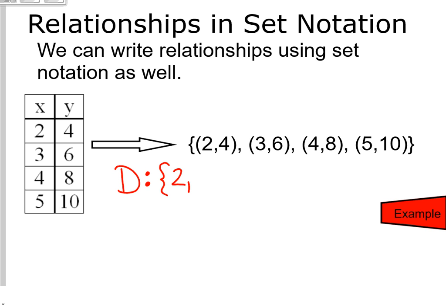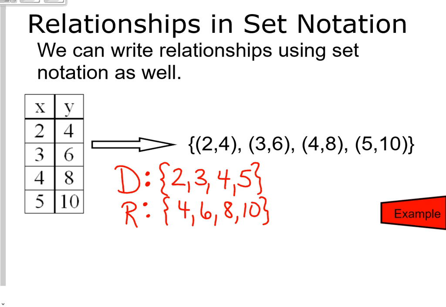So 2, 3, 4, and 5. And my range would be all of our outputs, which would be 4, 6, 8, and 10. We can kind of think of it as domain under our x values, range under our y values.